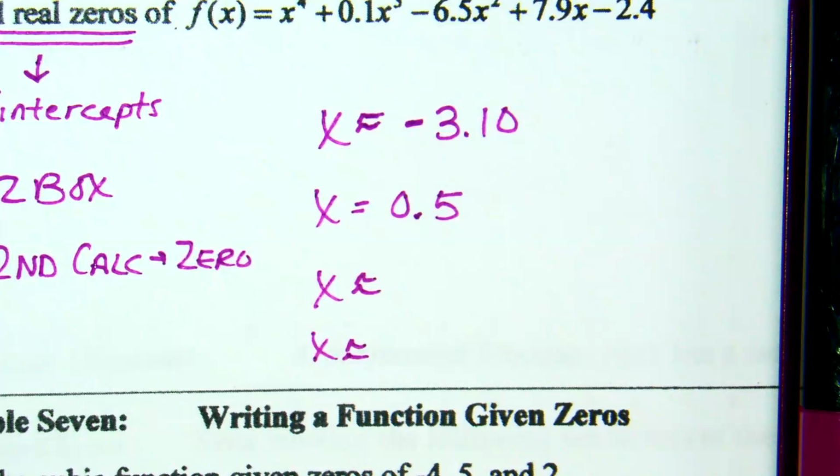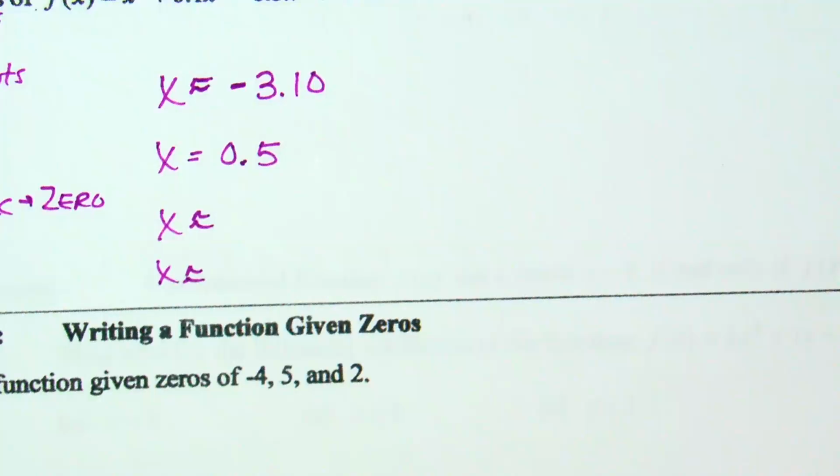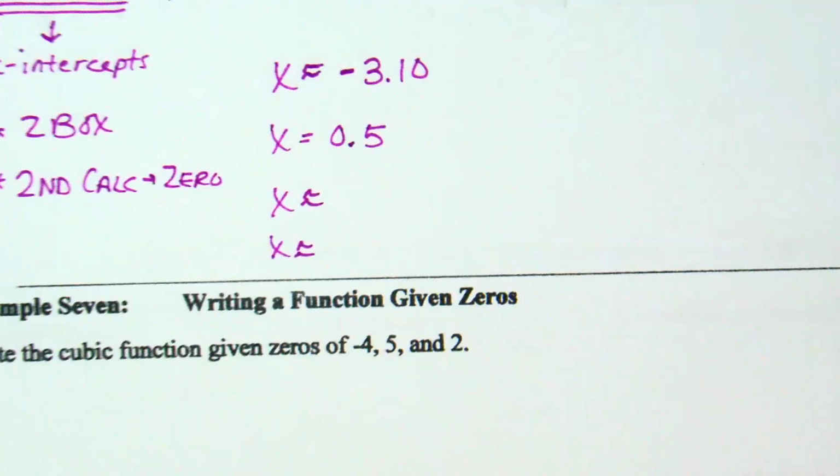1.1 and 1.37. 1.1 what? It's 1.133, so it's just 1.1. Well, if I'm going two decimal places, 1.13.